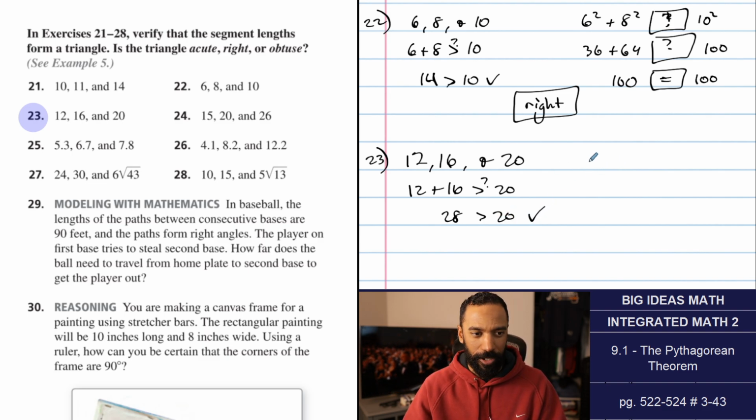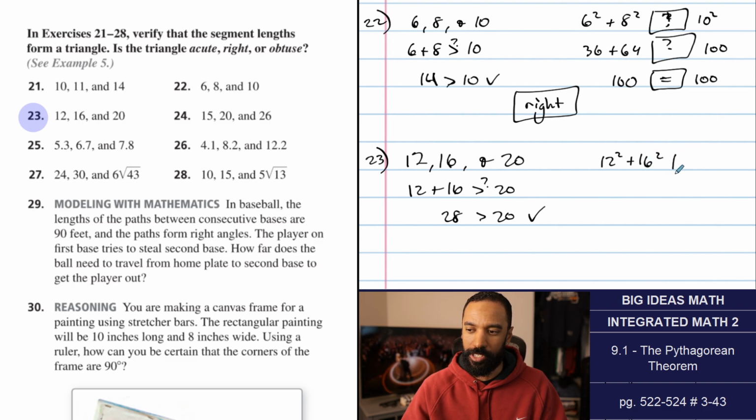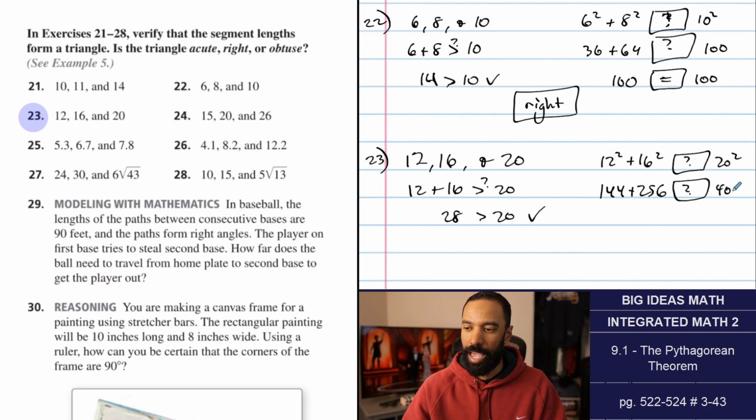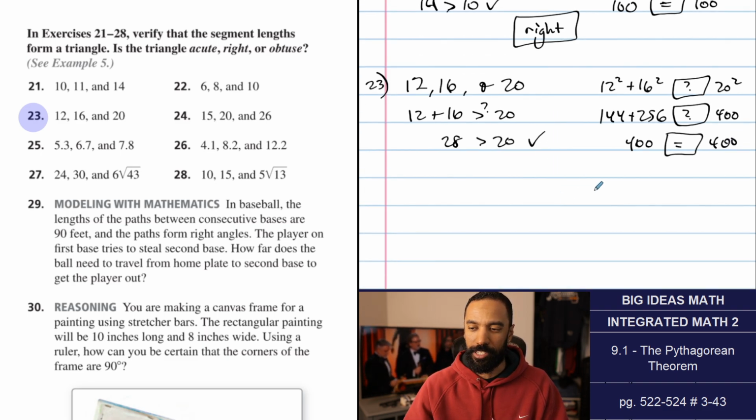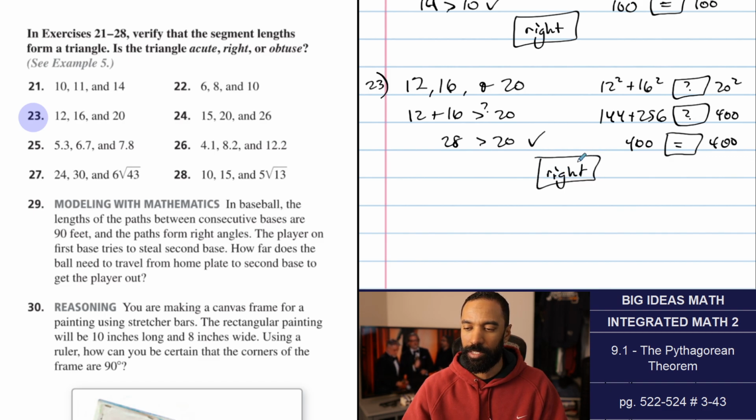It forms a triangle. What kind of triangle? We'll do 12 squared plus 16 squared and see how it compares to 20 squared. That's 144 plus 256, and that's 400. 144 plus 256 is also 400. And 400 equals 400. We once again are really practicing this Pythagorean theorem with right triangles. It is a right triangle.